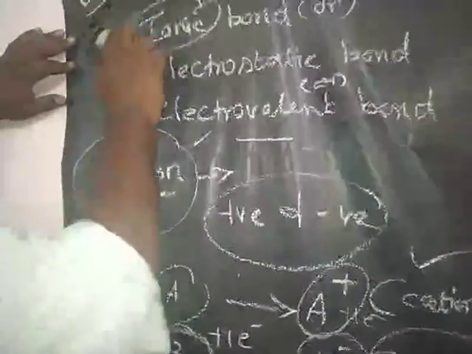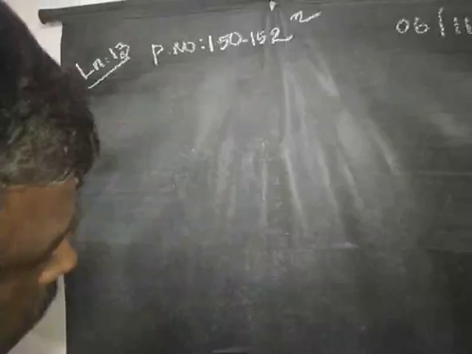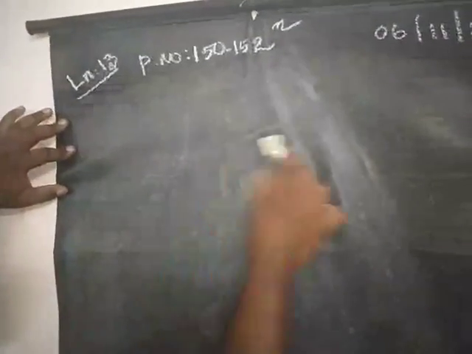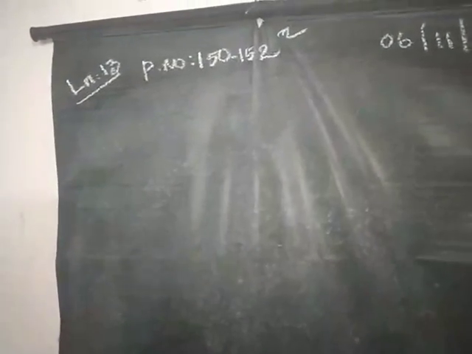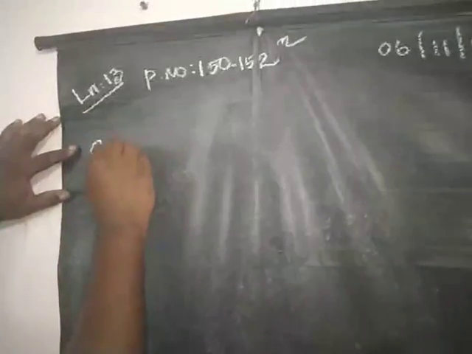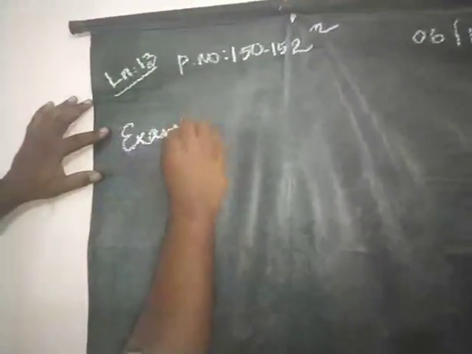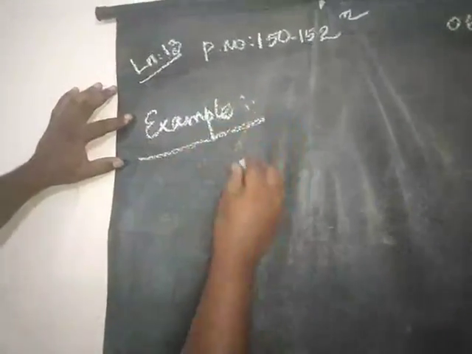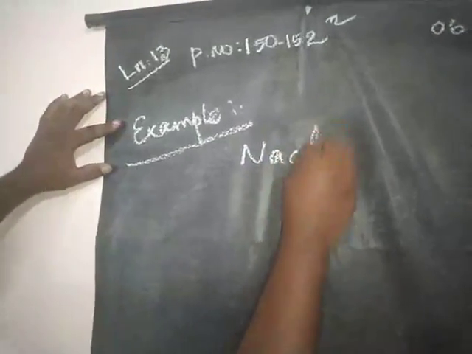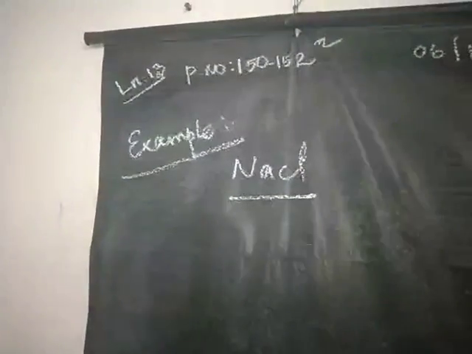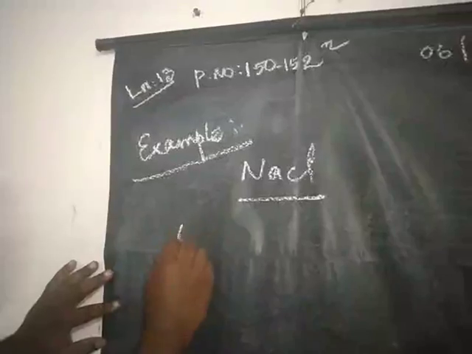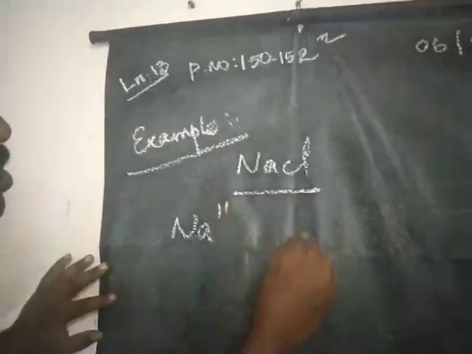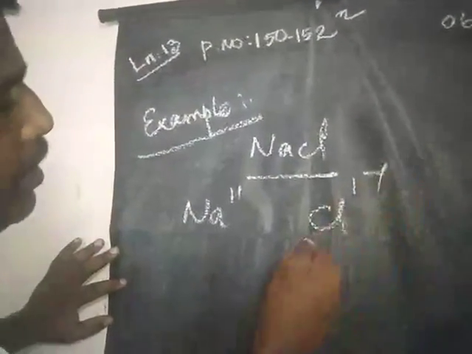Next we will see the examples. Example: sodium chloride. The atomic number of sodium is 11 and chlorine is 17.